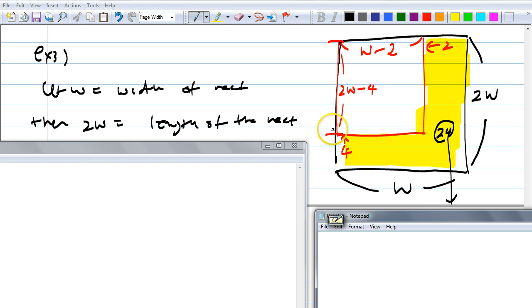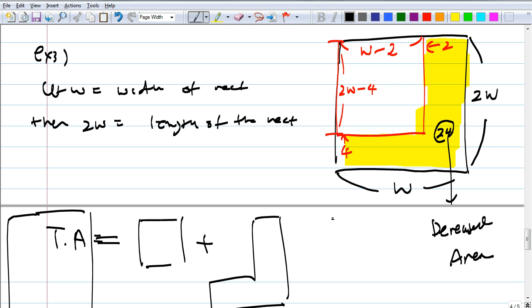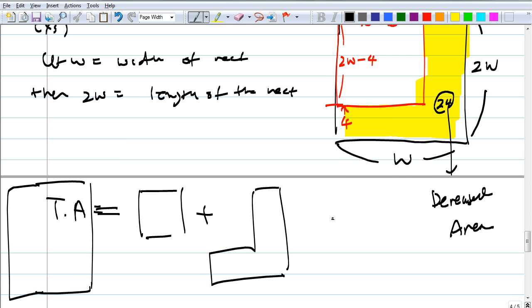What is this whole rectangle equal to? The area of the whole rectangle is equal to what, class? Isn't the total area equal to the smaller area plus the area decreased?